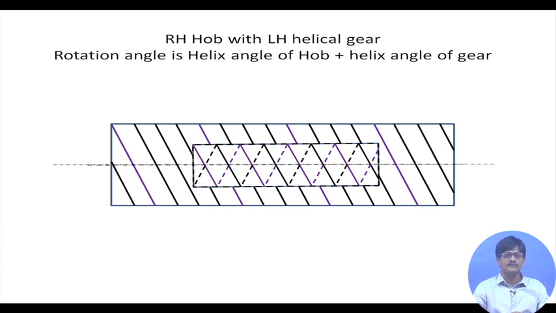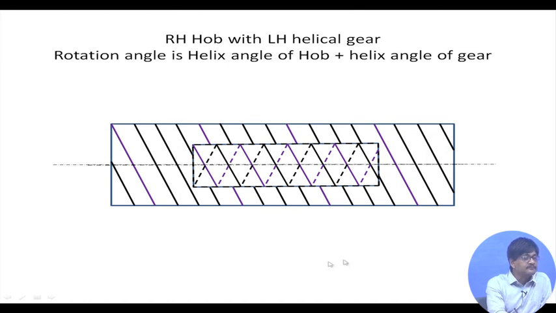There's nothing wrong with that, and in fact you will be more confident after going through that sort of a problem. So is this a right-handed hob? Yes, it's moving away from you as it rotates clockwise. The dotted part is on the other side of the hob. What about the gear?